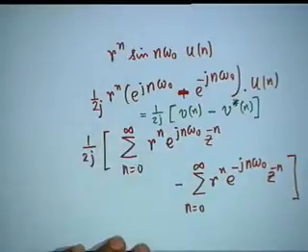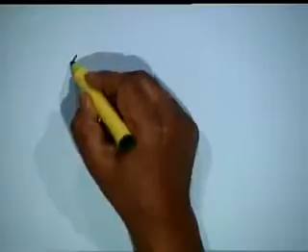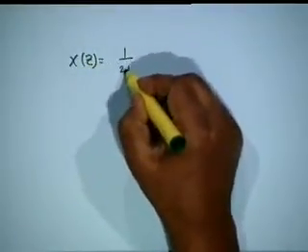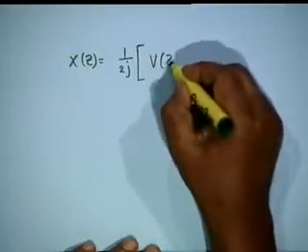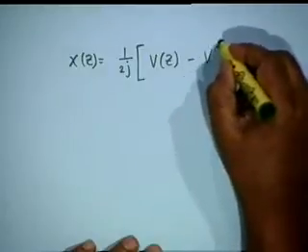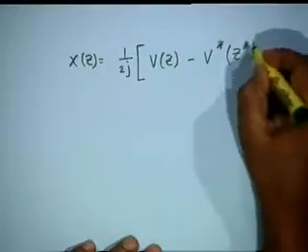R to the power n is a real quantity, and if we apply the formula, then my desired transform, let us say X of z, would be 1 over 2j [V of z minus V star of z star].